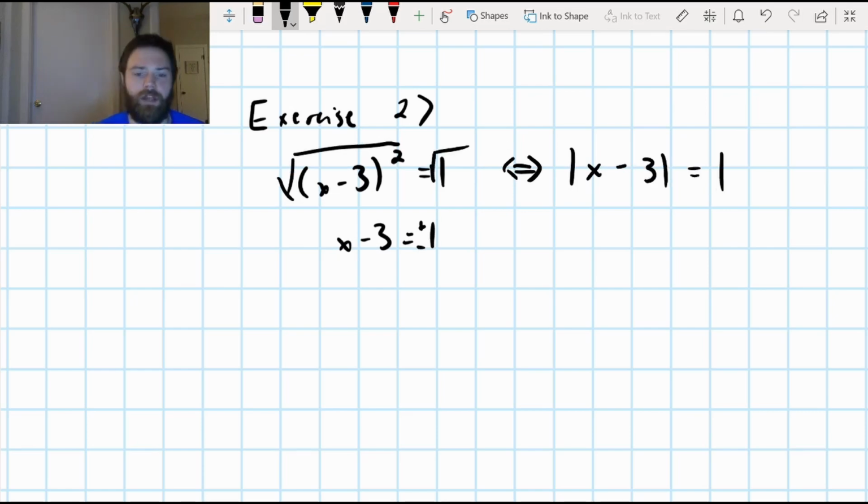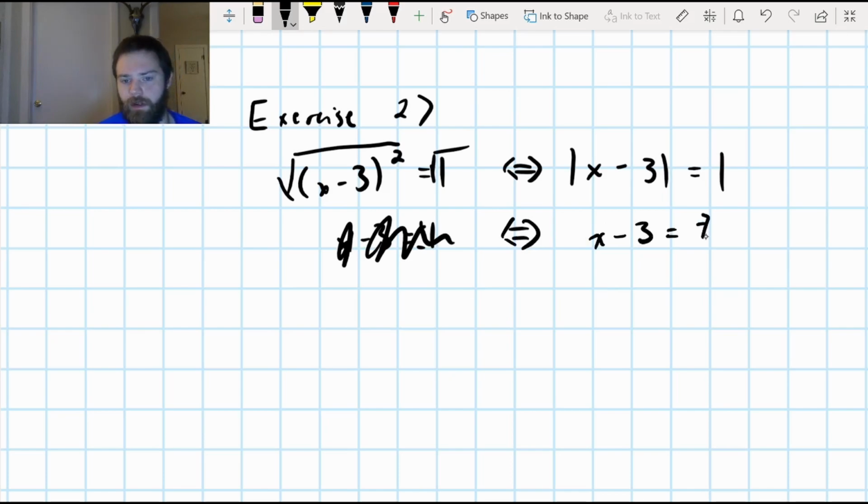So it tells me the absolute value of x minus 3 equals 1, which then means, make sure I write this neater. Okay, I'm just going to write it like that. And then hope that this works. Which is if and only if x minus 3 equals plus or minus 1.